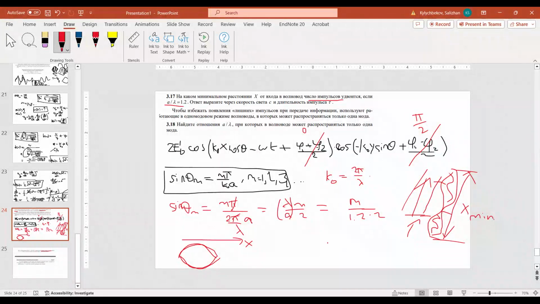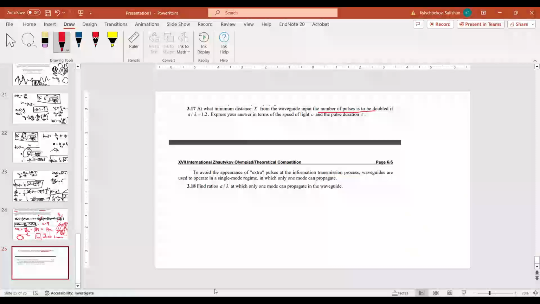So, there are many options for L and M. L is dependent on M. We have to find L where... no, we have to find M where L is minimum. Let's first find L as a function of M, and then we will choose from there.